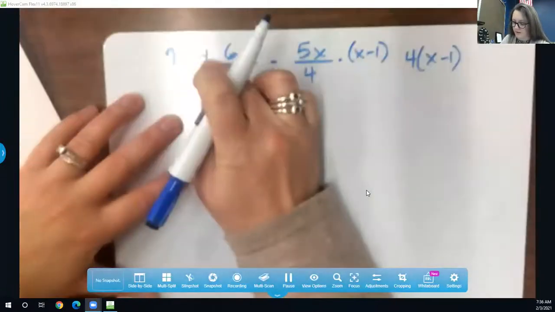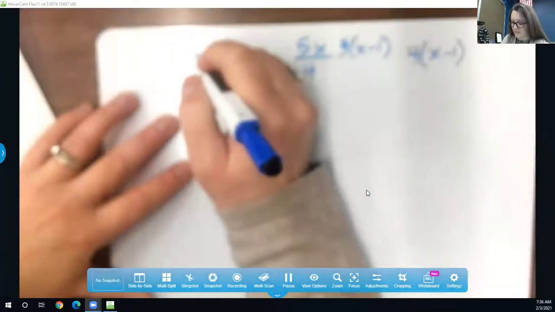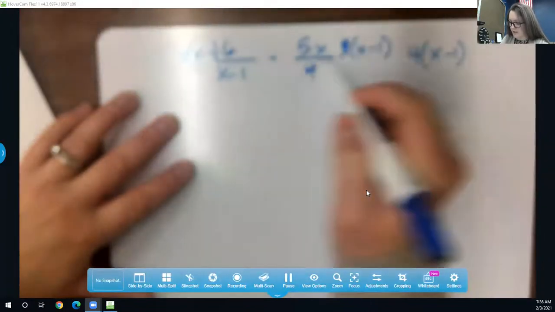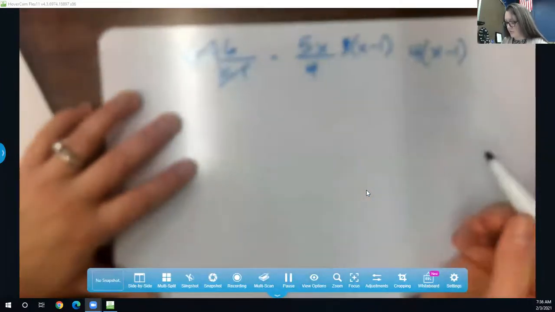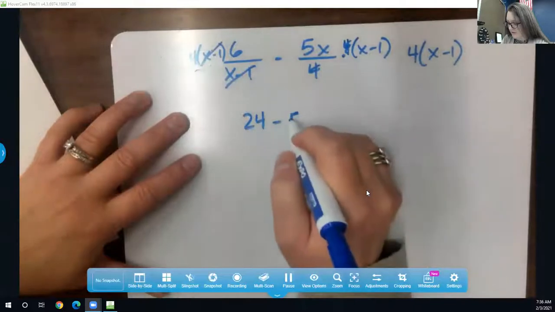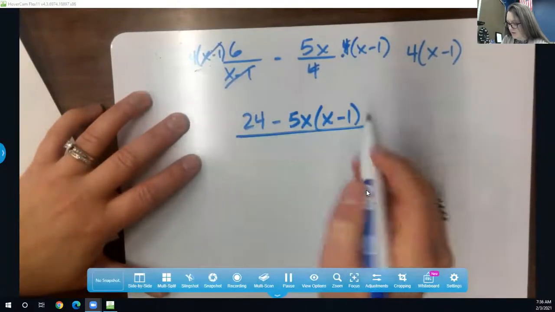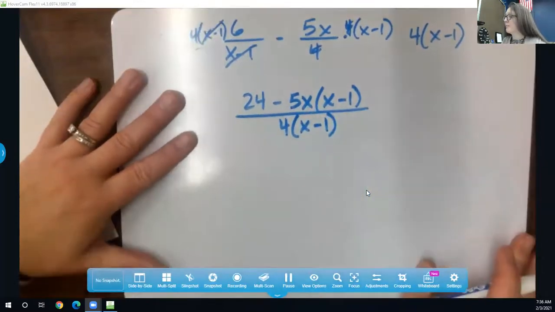Another way to do it is to multiply it by the entire common denominator, which in this case is 4x minus 1. And what happens is those can cross cancel there, right? So you're left with the same thing. Either way is fine. So we have 24 minus 5x times x minus 1 divided by your common denominator, which is 4 times x minus 1, right?